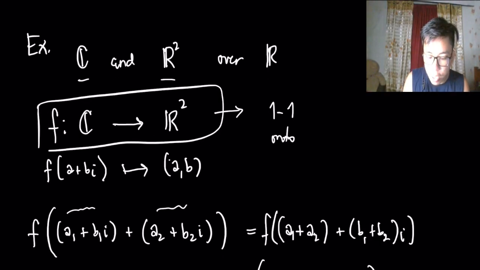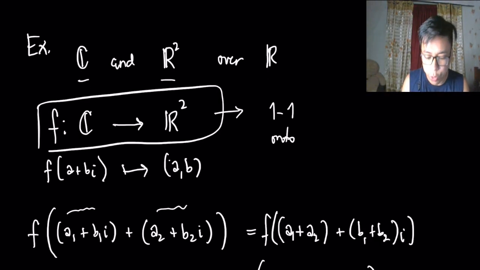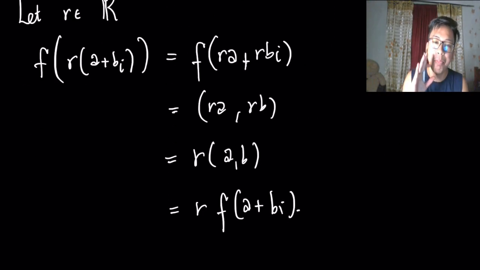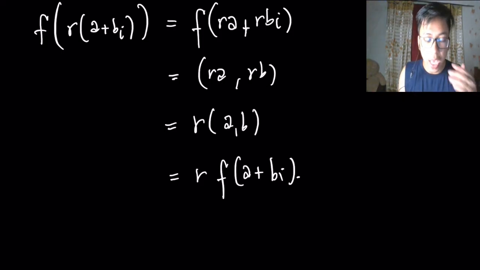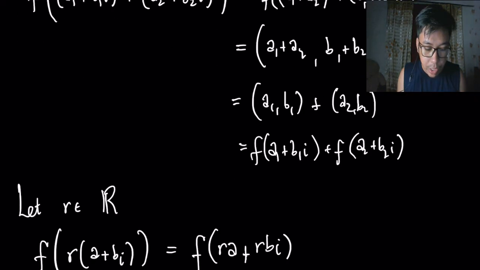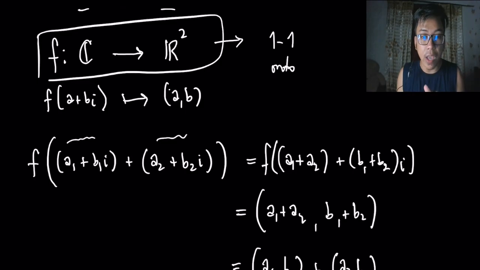But just so you know, this mapping is actually both 1 to 1 and onto. So technically, it suffices to show that this is a linear transformation. And so everything is clear, and then this mapping is isomorphism. And so the set of complex numbers and R2 are actually isomorphic.